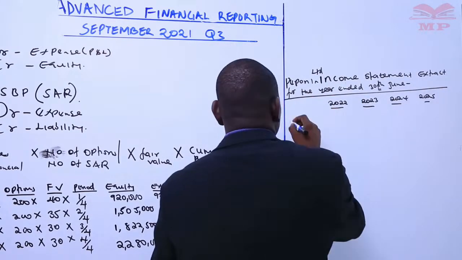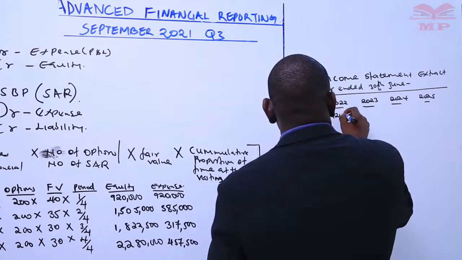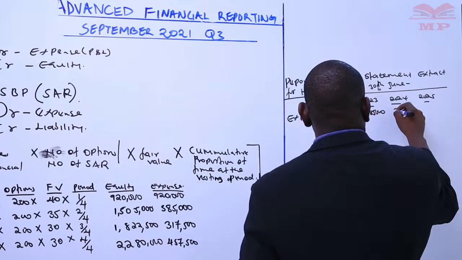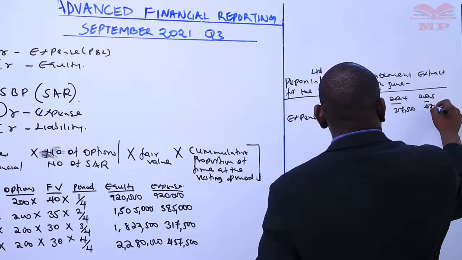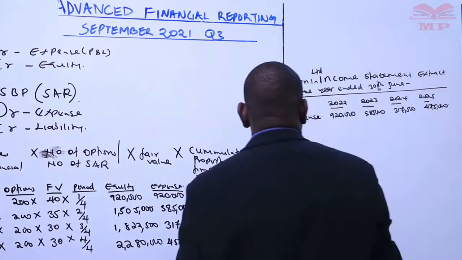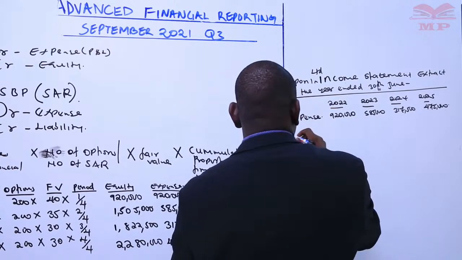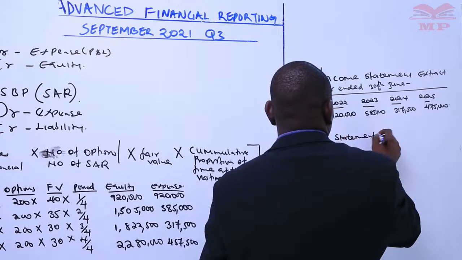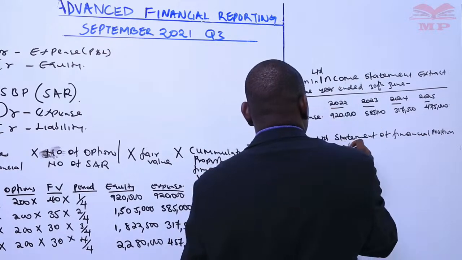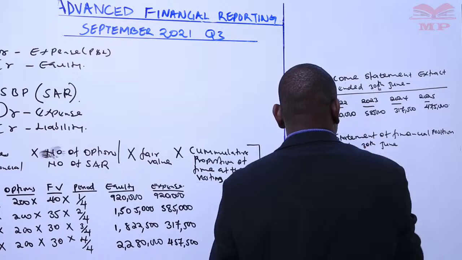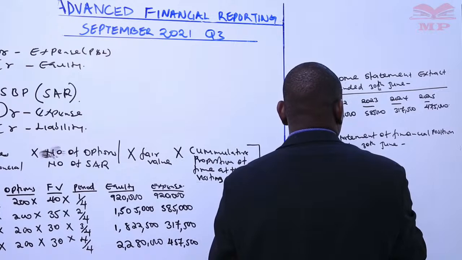So expense, this is 920, 585, 317, and this is 475. Then statement of financial position extract as at 2022, 23.